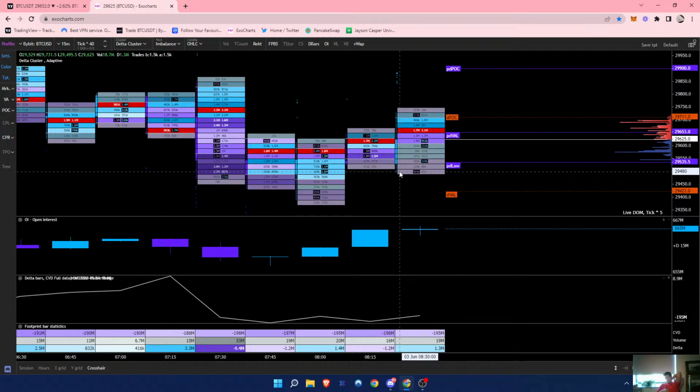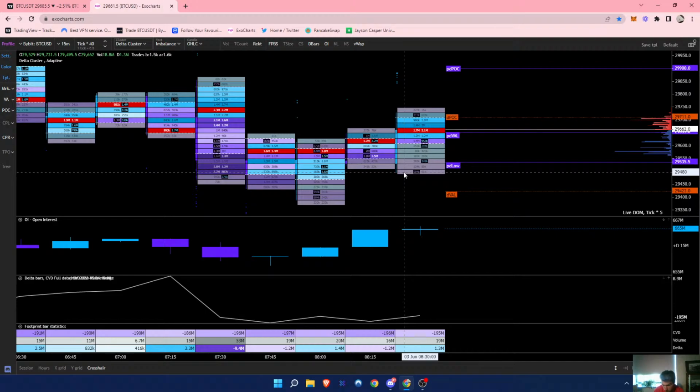There might be a large limit long order just waiting right below here, just kind of waiting to be filled. But again, it is a holiday in the UK, so it's a little bit lower volume.